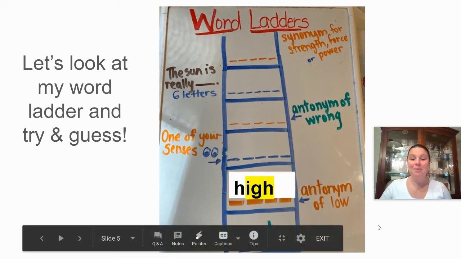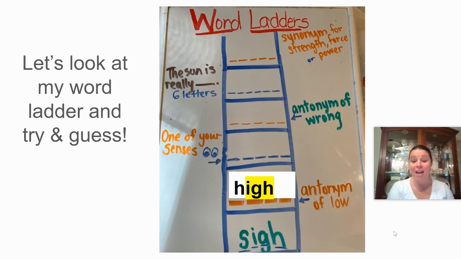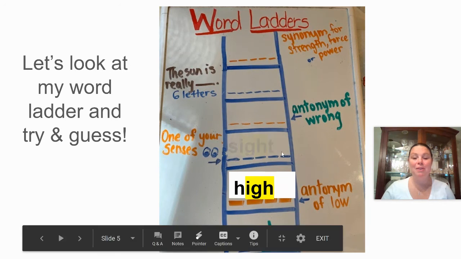So we can go ahead and show you that it has the IGH just like sigh. And then the next one, it says one of our senses. So if I think about it, I put a pair of eyes there. So we know that we can see. So if I see the word high, H-I-G-H, the word sight would actually be similar to that word.